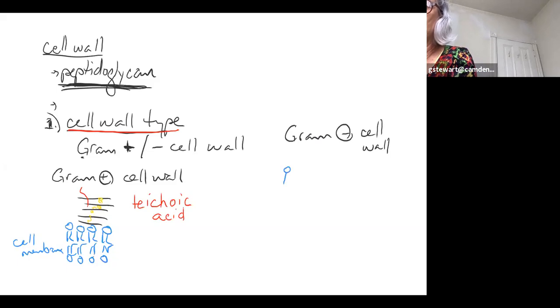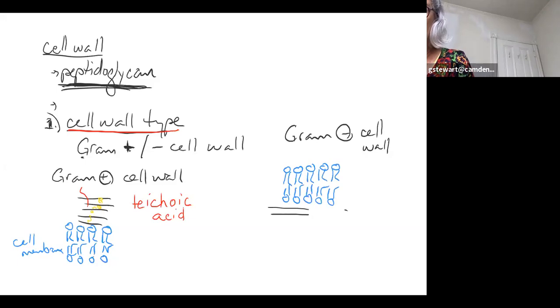It has phospholipid bilayer on the outside, almost like a eukaryotic cell would have. These are supposed to be phospholipids, right? And then under that, it has a few thin layers of peptidoglycan, 2, maybe 3. And then the actual cell membrane.